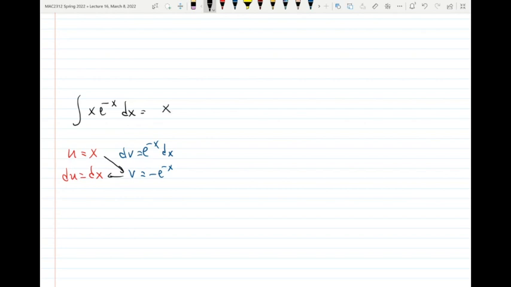So that would be negative x e to negative x minus the integral of v du, but because we have a minus, that's really a plus. Integrating, we get negative x e to negative x minus e to negative x, because the integral of e to negative x is negative e to negative x, right?